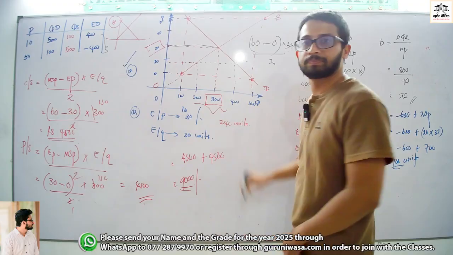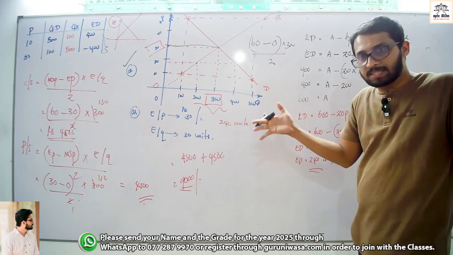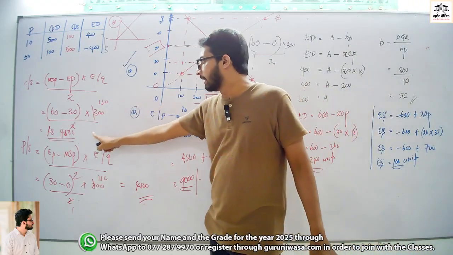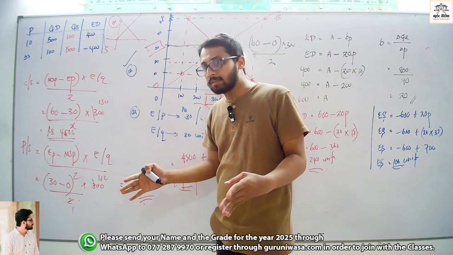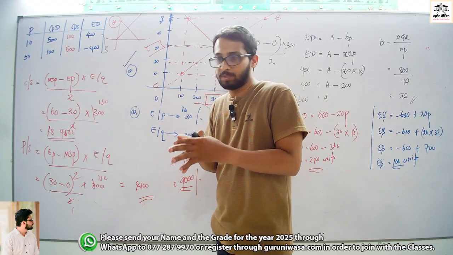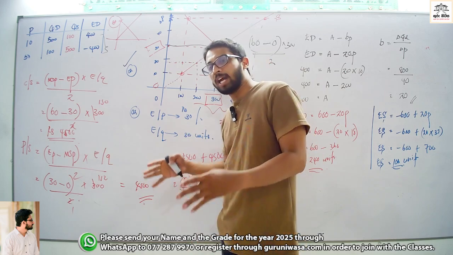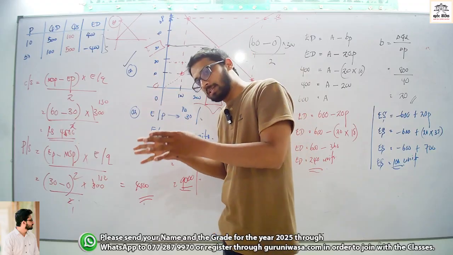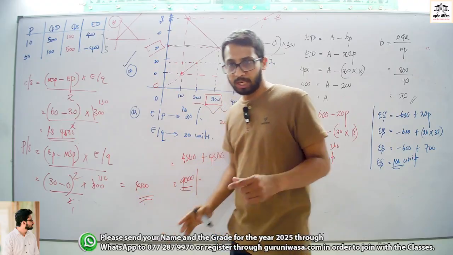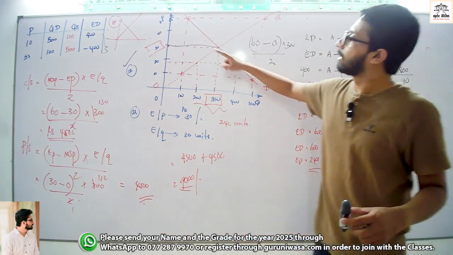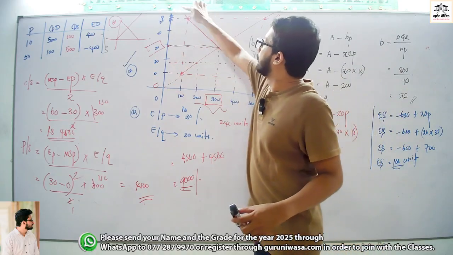No need to calculate consumer surplus and producer surplus separately. I calculated them separately and added them together, but without doing so, no issue. Full marks are given.